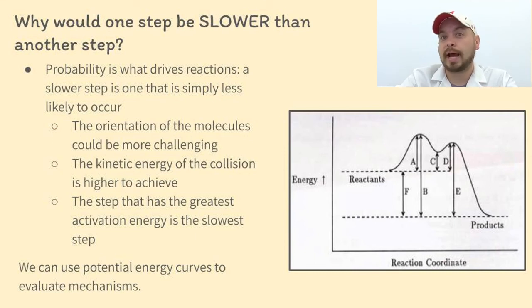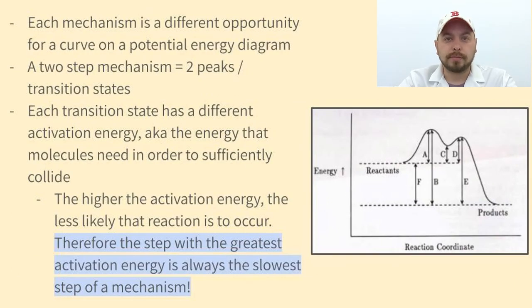So in general, we say that the slowest step of the reaction is going to have the greatest activation energy. And so we can actually utilize the potential energy curves that we've looked at in the past to look at mechanisms in a new way. Each mechanism represents a different opportunity for a curve. So a two-step mechanism would have two peaks, two transition states on the curve.